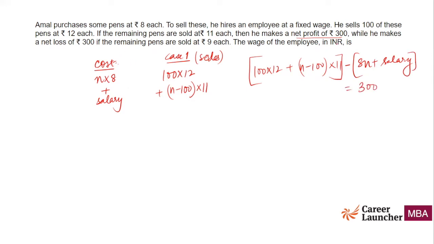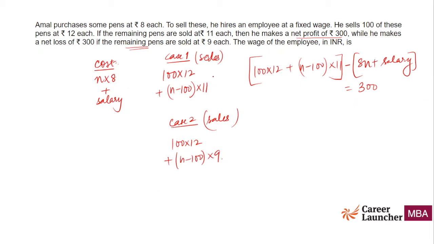Okay, while he makes a net loss of 300, so if we're talking about case 2 sales, he makes a loss of 300 if the remaining pens are sold at 9 each. So we have to be careful. It's not all the pens, only n minus 100 pens are sold at 9 each. So 100 into 12, that much he was going to sell at, and the remaining pens, that is n minus 100, at 9 each.